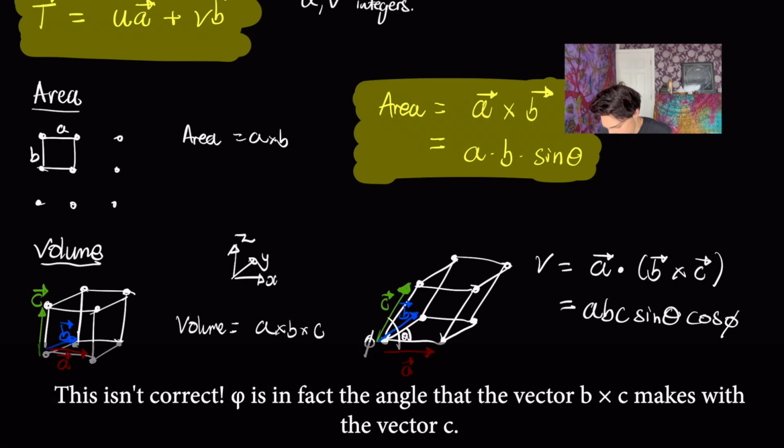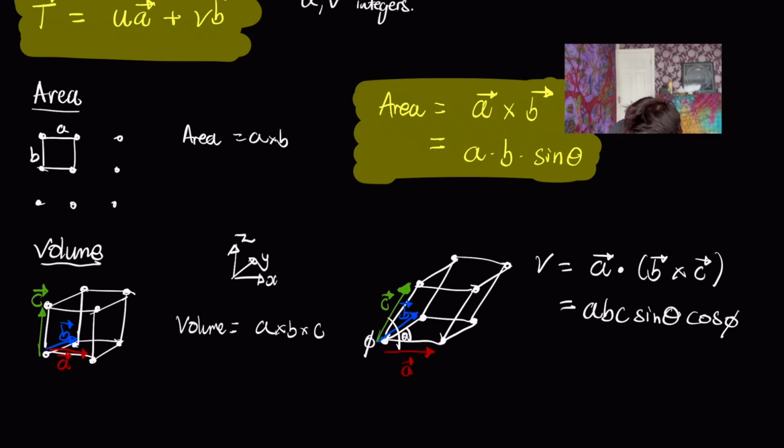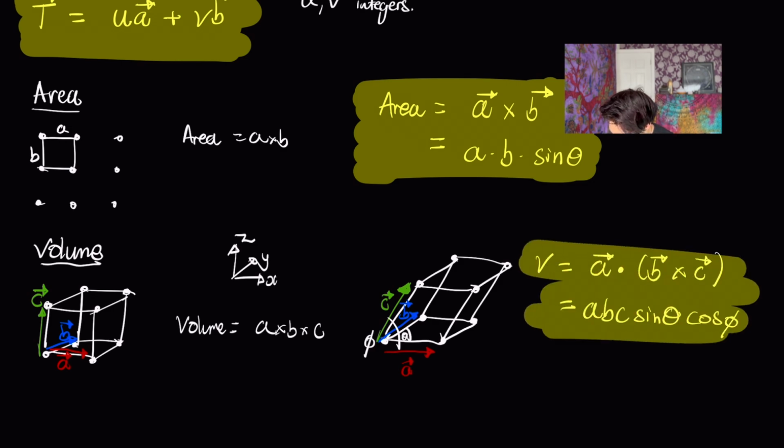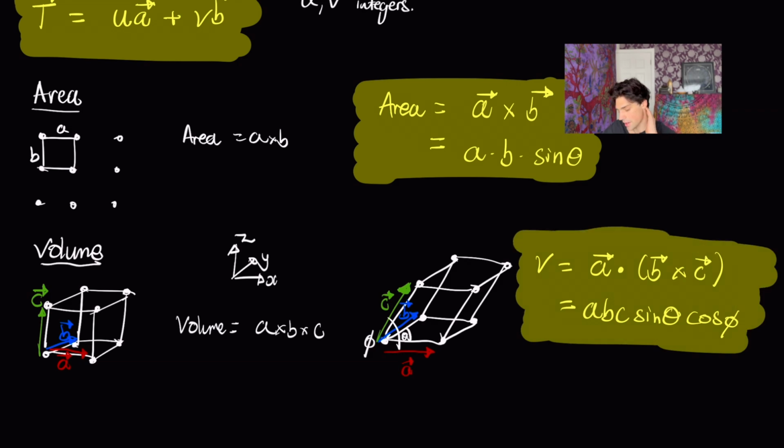Phi is the angle between vector A and vector C, and theta is the angle between vector A and vector B. But I've not really seen it written like that very much, but it's just good to bear in mind right there. So that's how to work out the volume of a parallelepiped, which is the 3-dimensional unit cell for an isometric lattice structure.